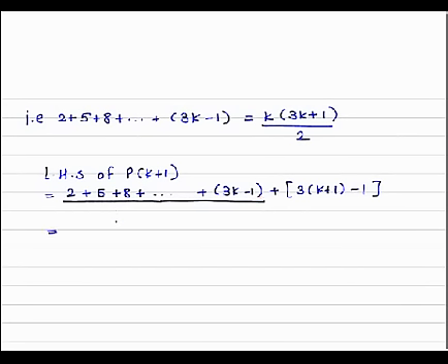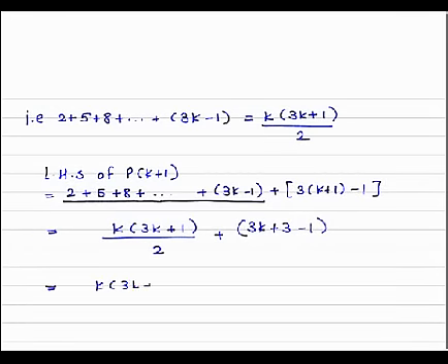So the value of this LHS of P(k) is k(3k plus 1) divided by 2, and the remaining term is 3k plus 3 minus 1. So this is equal to k(3k plus 1) divided by 2 plus (3k plus 2).